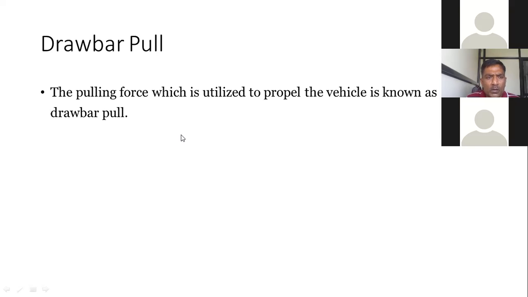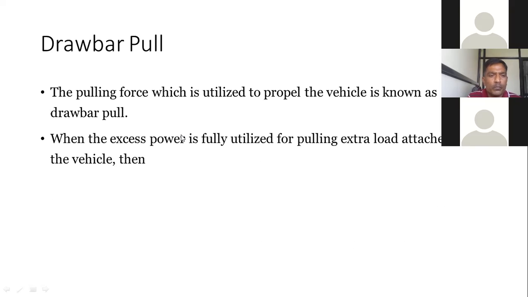After that, whatever force is available, with that force the vehicle can be propelled in the forward direction, and that pulling force we are going to call a drawbar pull.